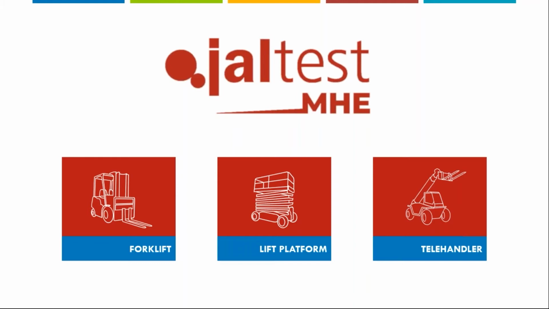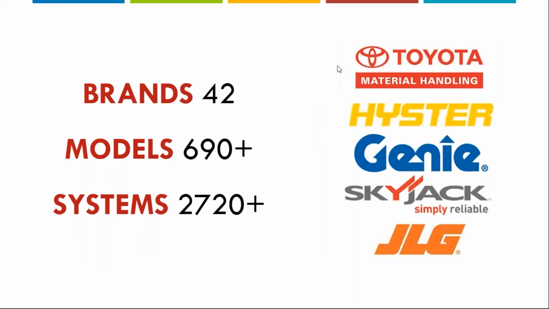Many of them work through testers, so many times people don't really know how to work with them. All of that's included on Jaltest, and also telehandlers with all kinds of calibrations like overload calibrations and joystick calibration, all of them. In this module, we include more than 40 makes and over 690 models.